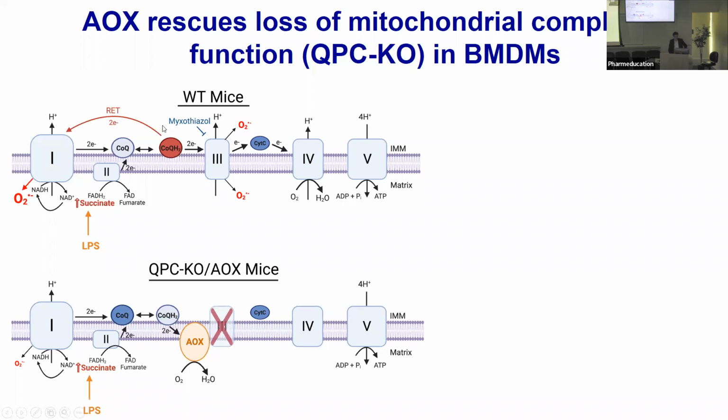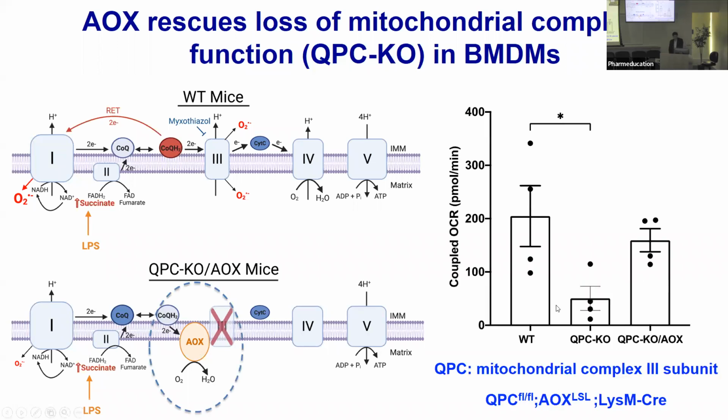Normally electrons from ubiquinol go through complex 3 all the way to oxygen as the final electron acceptor. Here, ubiquinol donates electrons to AOX, and AOX then donates those to oxygen. It's a bypass system for complex 3 and 4, right? The one thing is, when you do this system, you really decrease H2O2 production, not completely, but markedly.